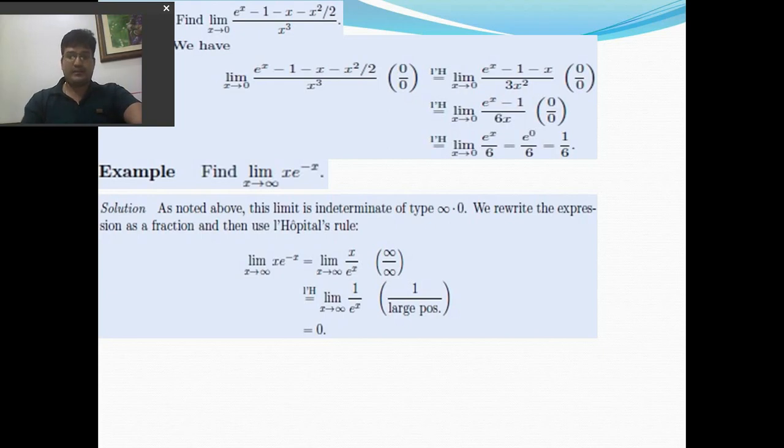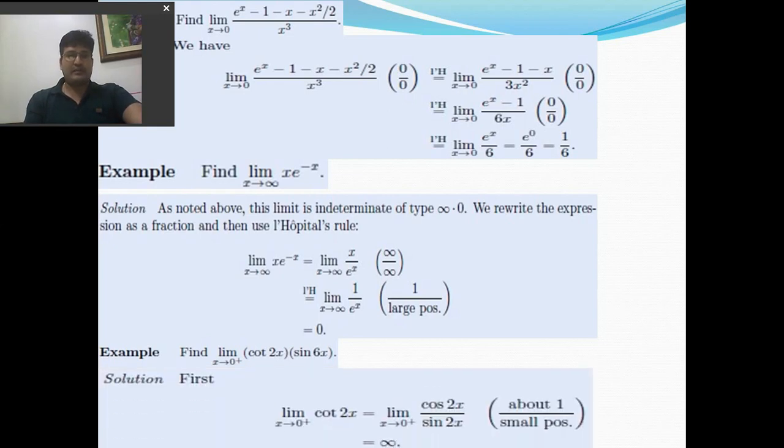Now we are taking the next question. Find limit x tending to 0 of cot 2x into sine 6x. So first we apply the limit directly as usual.